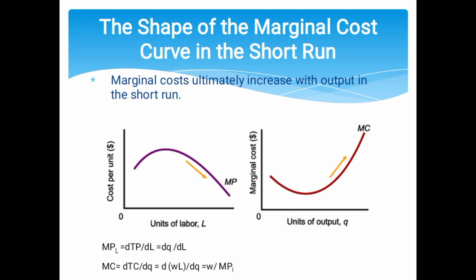As you can see, marginal cost in units of output is currently increasing. But on the other hand, cost per unit of labor is currently decreasing.